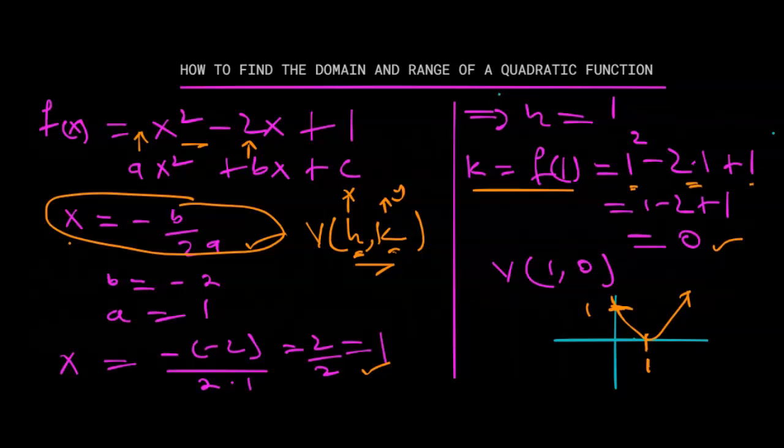Now let's try and sketch this equation. Now, the vertex is the point that the curve is turning itself. And we know the shape of this curve to be this way because a here is greater than 0, it is 1. And it's going to turn itself at 1 and 0. It means that when x is 1, y is 0.